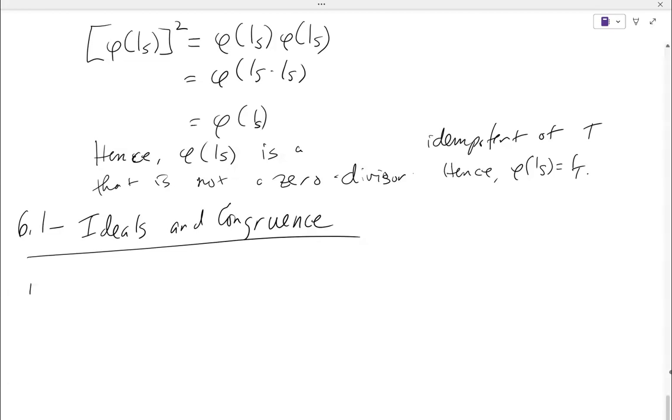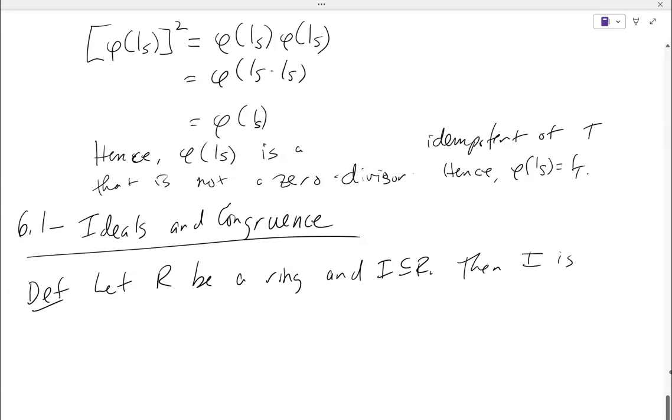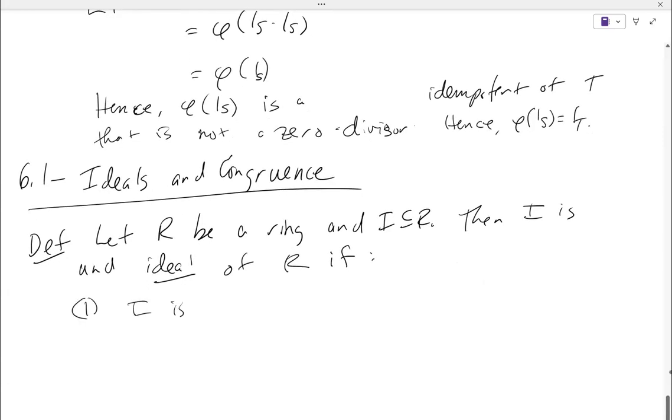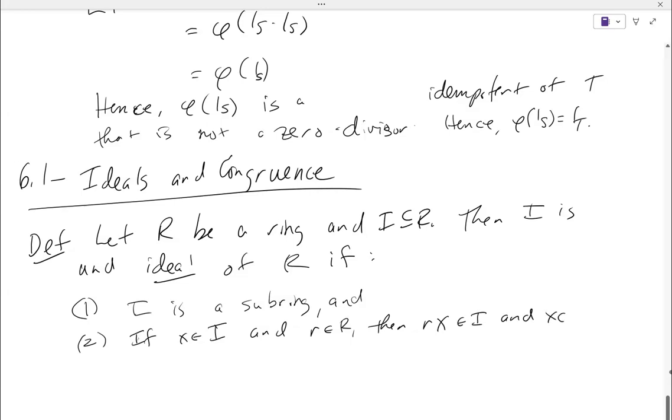Okay. So as a definition, if we let R be a ring and I be a subset of R, then I is an ideal of R if first, I is a subring, and 2, even better than a subring, if x is in I and r is in R, then rx is in I and xr is in I. It absorbs multiplication.